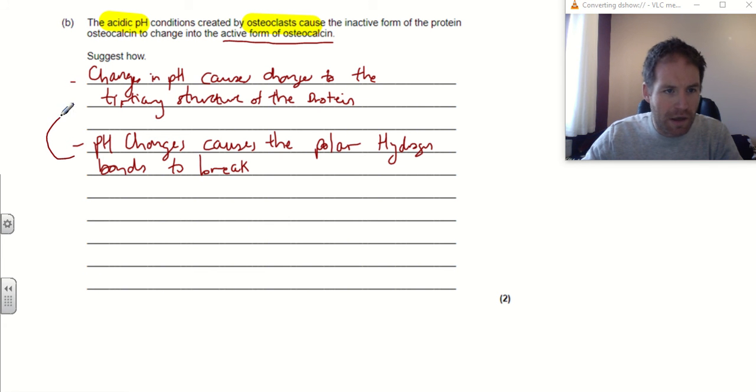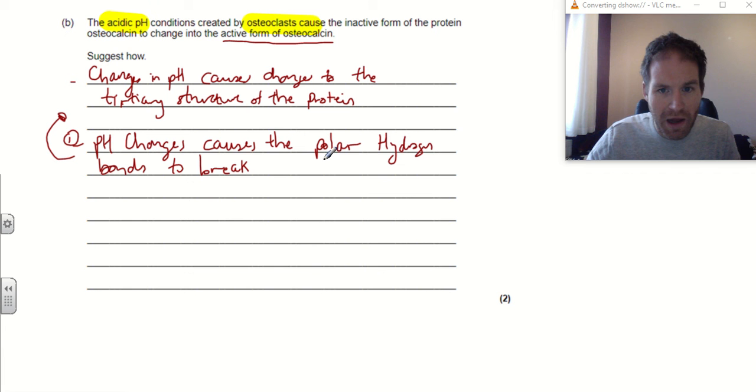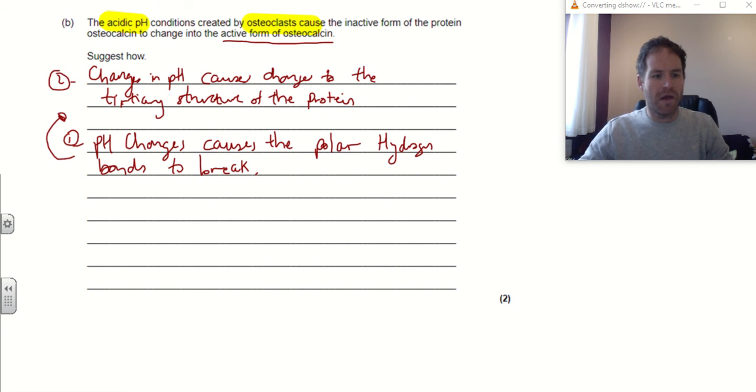That's probably the first mark. The pH causes the polar hydrogen bonds to break, which in turn causes a change in the tertiary structure of the protein, because the tertiary structure is held in place by those hydrogen bonds. Okay, so those are the two marks. First mark there, second mark there.